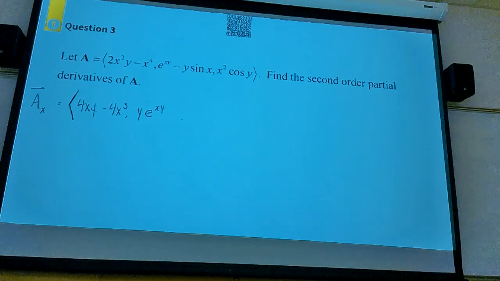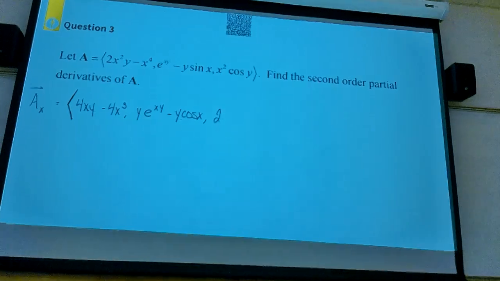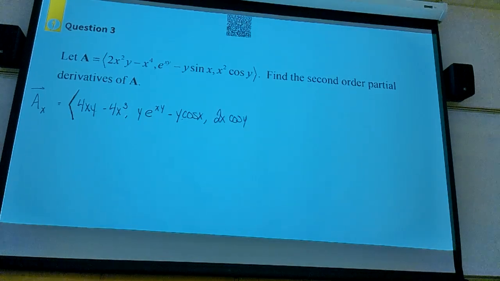Y is the constant. Minus y cosine 2x sine. And then 2x cosine of y, right?